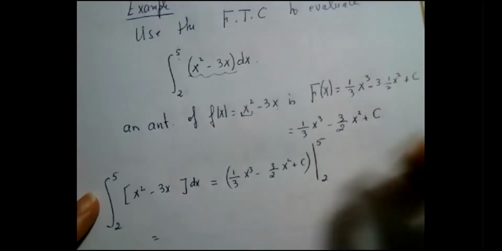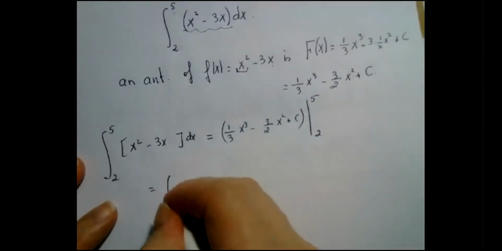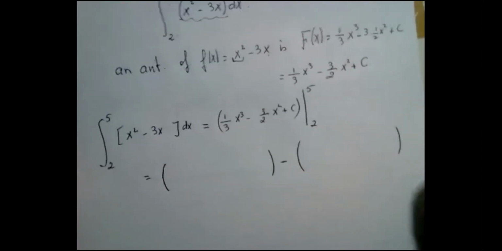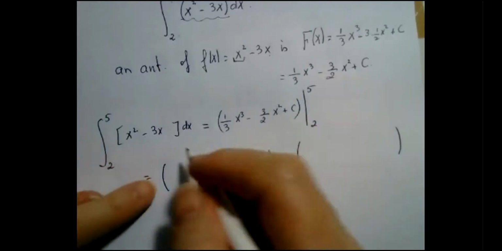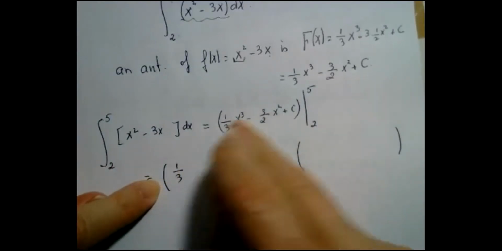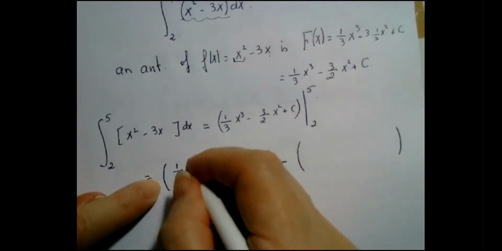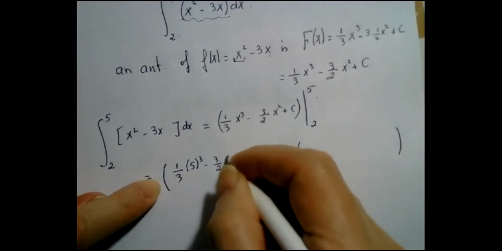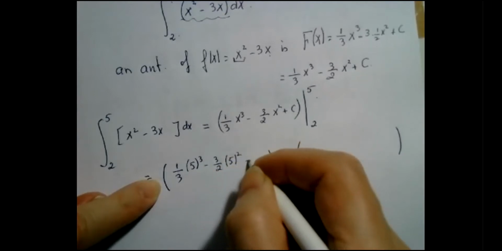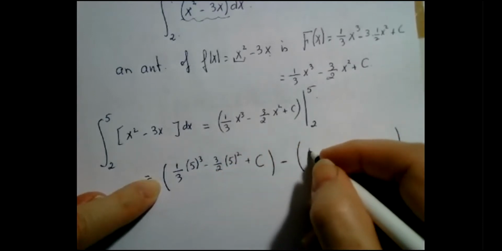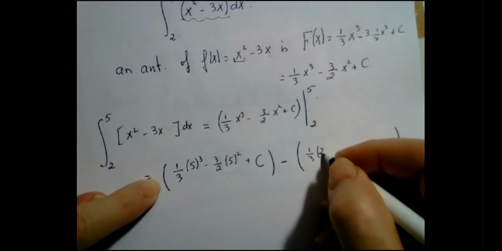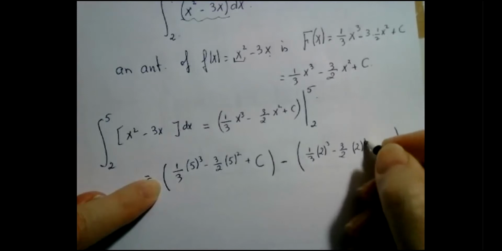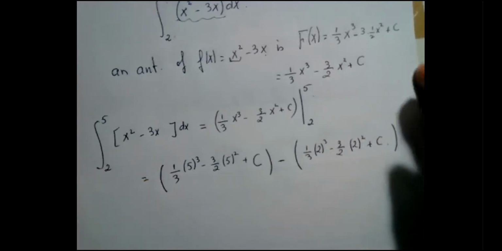What does this mean? It means you evaluate the antiderivative at the upper limit minus at the lower limit. At the upper limit, I take the antiderivative and plug in 5 for x: 1/3 times 5 to the power 3, minus 3/2 times 5 squared, plus c, minus 1/3 times 2 to the power 3, minus 3/2 times 2 squared, plus c.